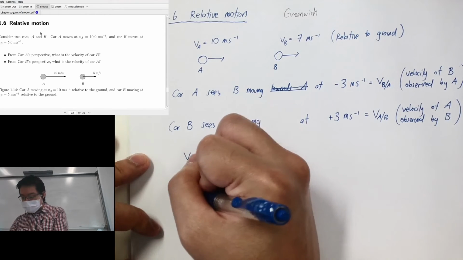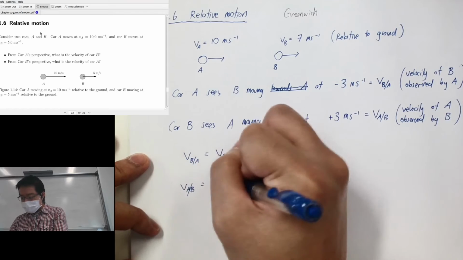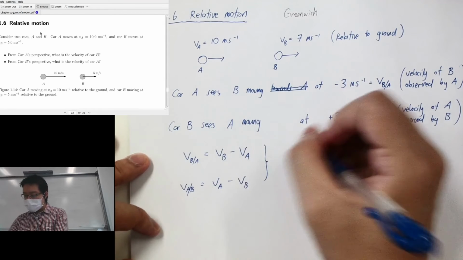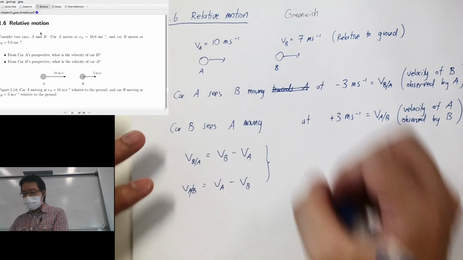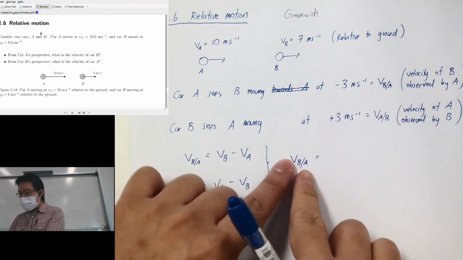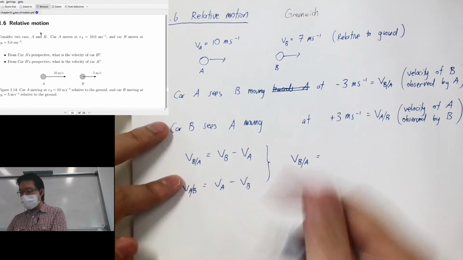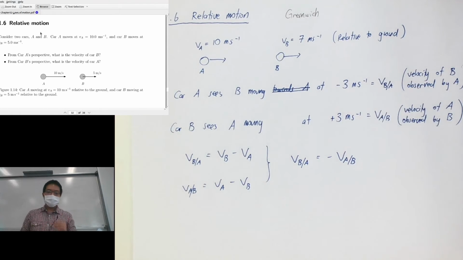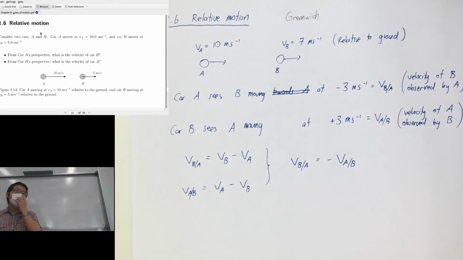VAB is VA to ground minus VB to ground. So from these two expressions, we can already see we have the formula that VBA, if I swap these two, is just negative VAB. Okay, so if you change perspective, then you see the other direction.